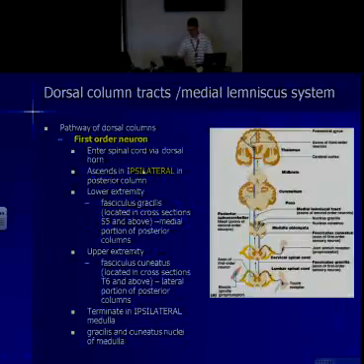I should back up. It just comes in, lands over, and goes straight up the back. So it's coming in the dorsal horn, sneaks into the dorsal column, and it goes all the way upstairs to our good friend, the medulla, the bottom of the medulla, and it junctions. And that's the end of this first order neuron.